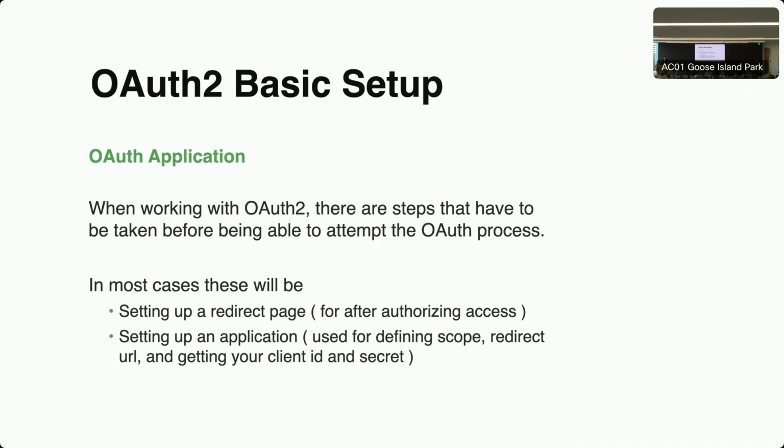And then we will also set up, if the service allows, the scopes that authorization will allow. So we can create one OAuth app for a service that only allows access to very basic information. We can have another one that's set up for different users that can have full access to anything. So there's some flexibility there.